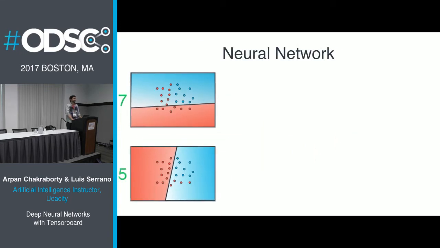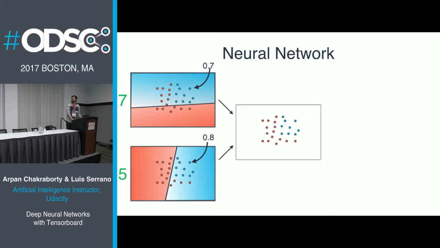Linear combinations are the first one times something plus the second one times something plus a bias. I can say if I have 7 times the first one plus 5 times the second one, then the result is just 7 times 0.7 plus 5 times 0.8, and I can add a bias like -6, for example.